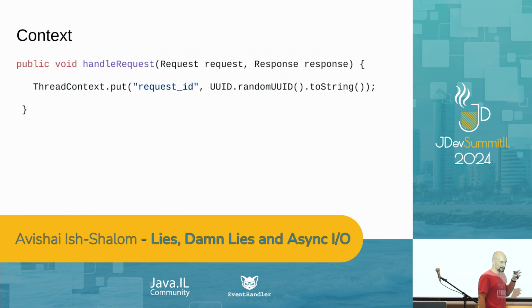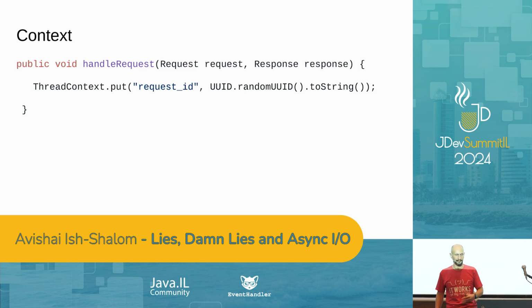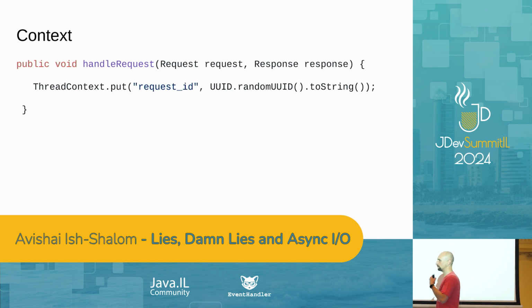So one of the main features that we get from synchronous frameworks is context. Transparent context that basically moves with the stack and is available from all the functions of the thread. If you use log4j2, this is from log4j2, thread context basically allows you to put stuff like request ID, user ID, and so on, and it will be magically logged from whatever logging statement you have.